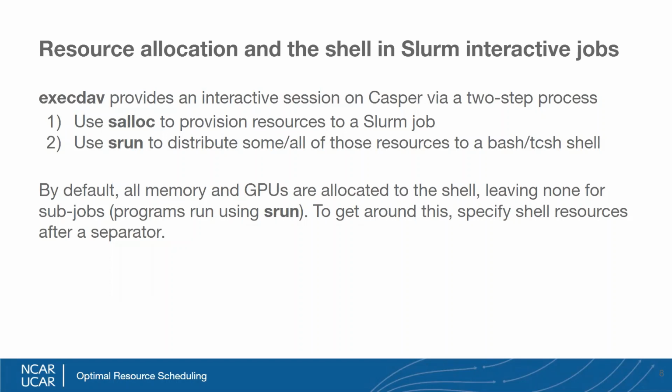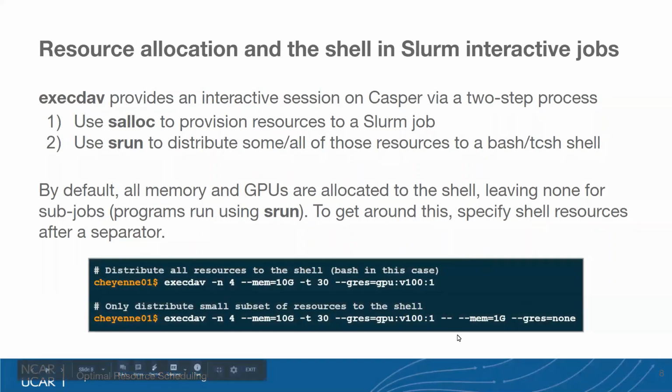Anytime you run srun, it wants to pull resources from that pool that you provisioned using salloc. To get around this, you can specify shell resources after a separator, and that is this double dash syntax that we put into execdav.